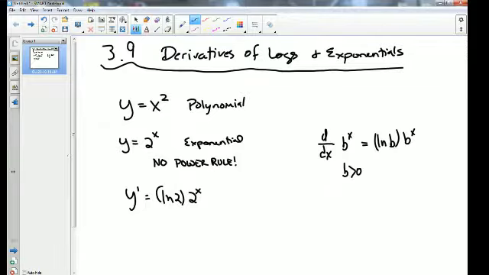What would the double prime of that be? It would be natural log 2, times 2 to the x. So you just keep adding natural log. Pretty much. So it'd be natural log 2 squared. It would be 2 of them. Yeah, it's squared. You just keep adding them.